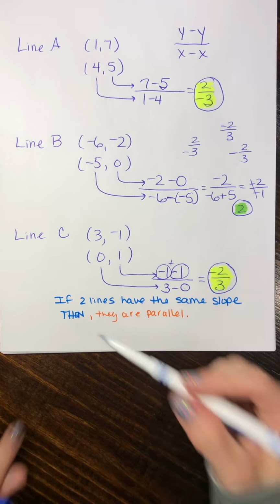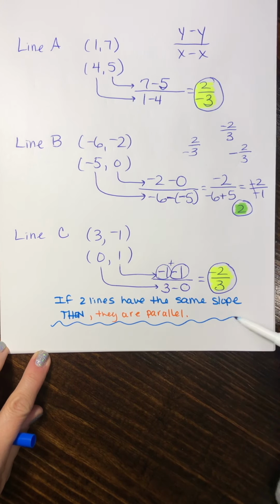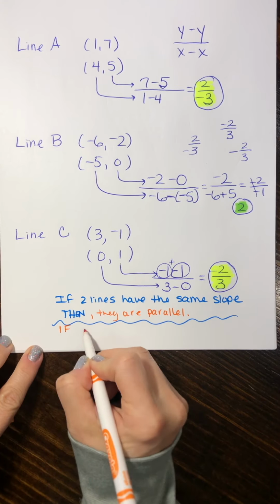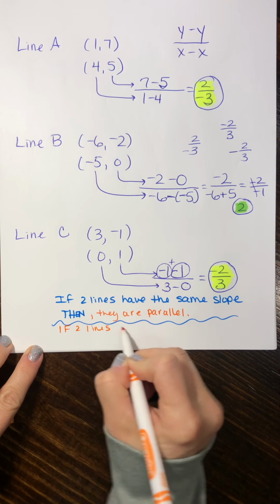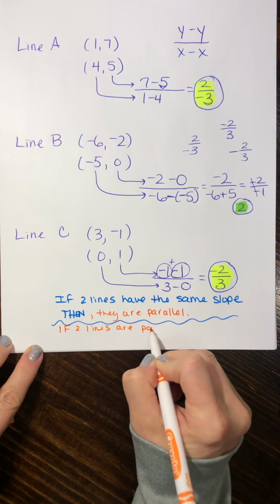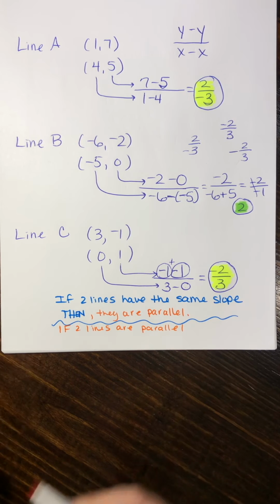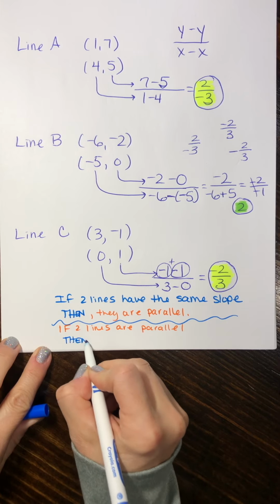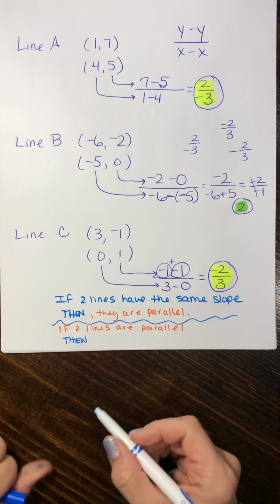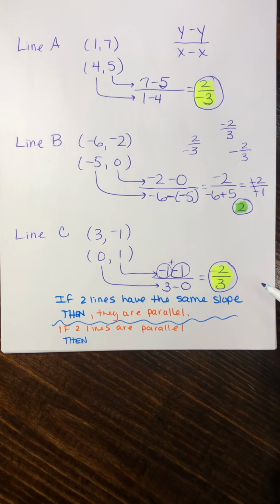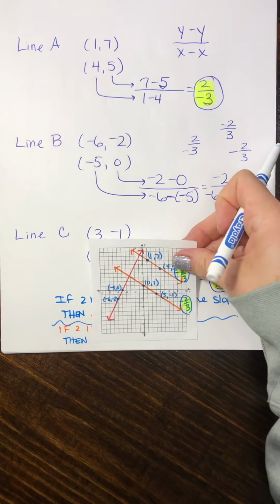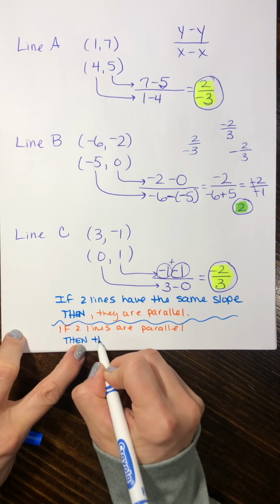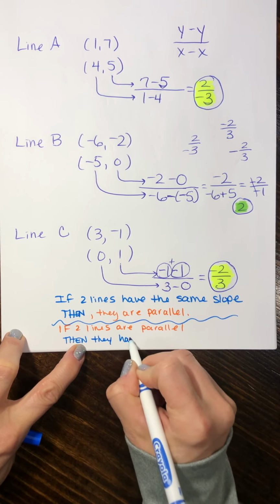If I were to just kind of reverse that and say it in the other direction and say, if two lines are parallel, then what can you gather about those lines? What can you guarantee? If you look at a piece of graph paper and it has no points on them, it has no numbers, and it just shows that they're parallel to each other, then you know that they're going to have the same slope.